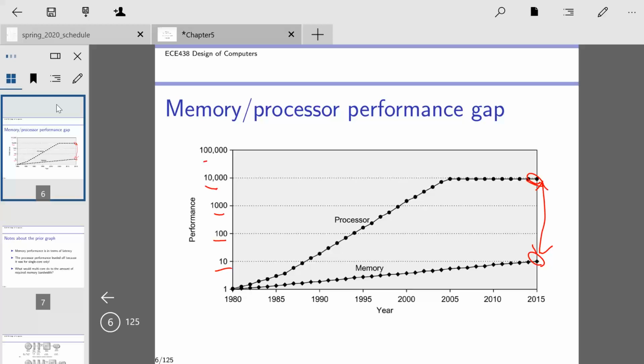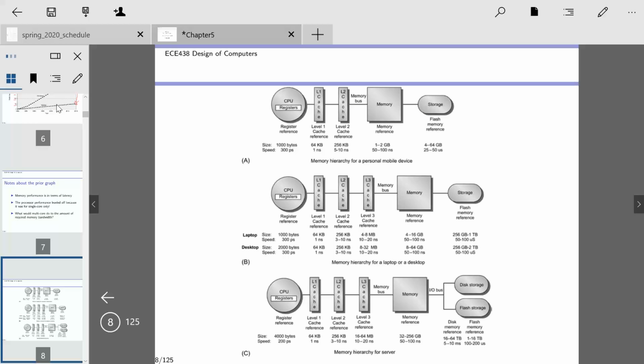And we keep the cache near the processor small, so it can keep up with the processor. It can run at the speed of the processor. So if you look at the specs of a new processor, you'll see that the level 1 cache is still about 64 kilobytes.